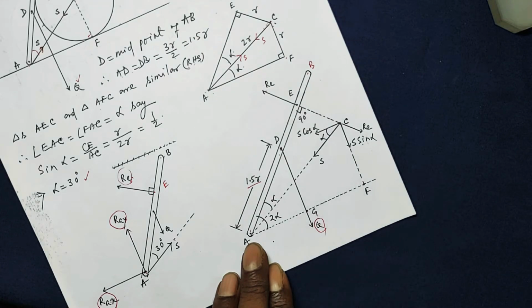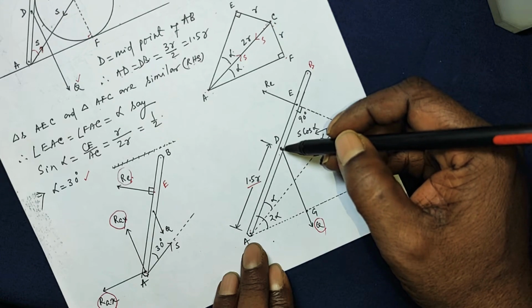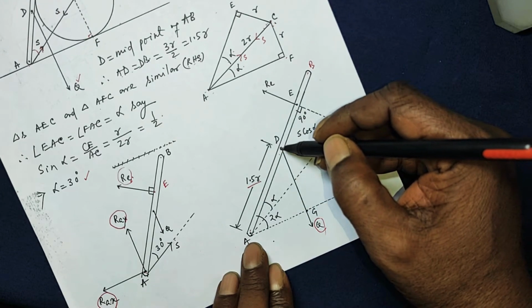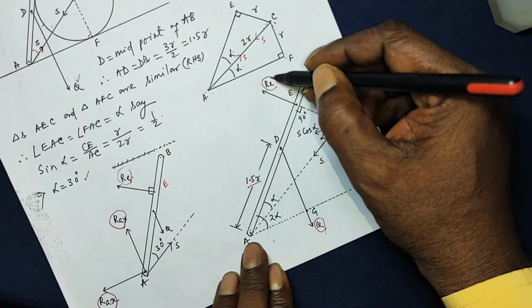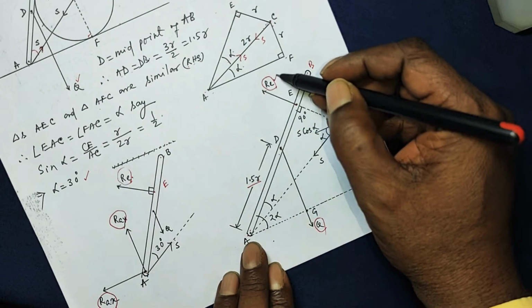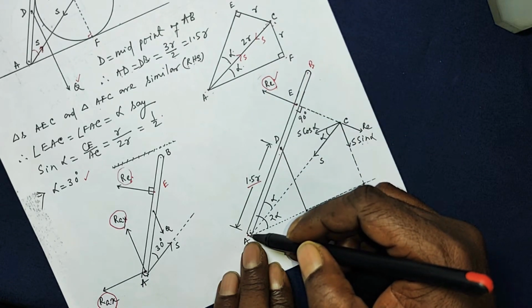At this point is G. And at this point RE is to this side. So about point A, RE will have a turning effect, that will be RE times this length, AE.